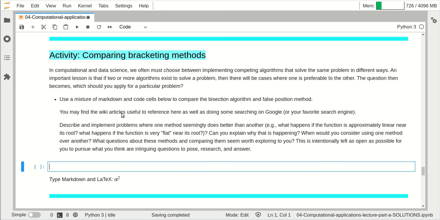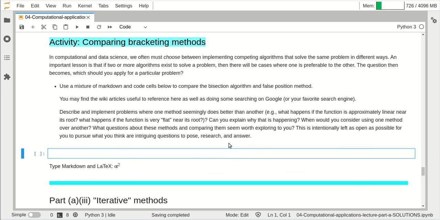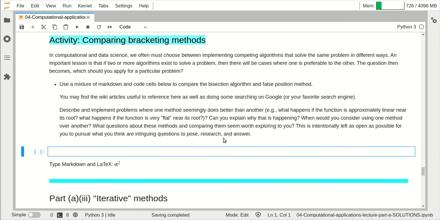And you might just have to play around with functions to try to do this and see when does one algorithm outperform the other. I just want you to do a little research, spend 10, 15 minutes, examples where false position does better than bisection, or Google or Bing or whatever search engine you like to use. When does the bisection do better than false position, and why? And just try to understand a little bit about what the pros and cons of these different methods are.